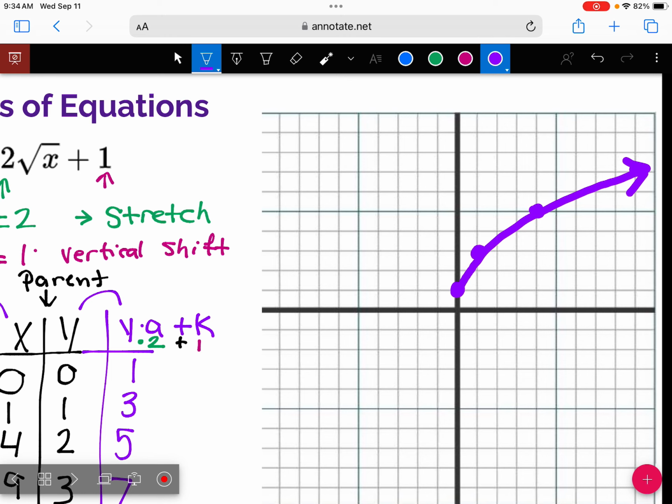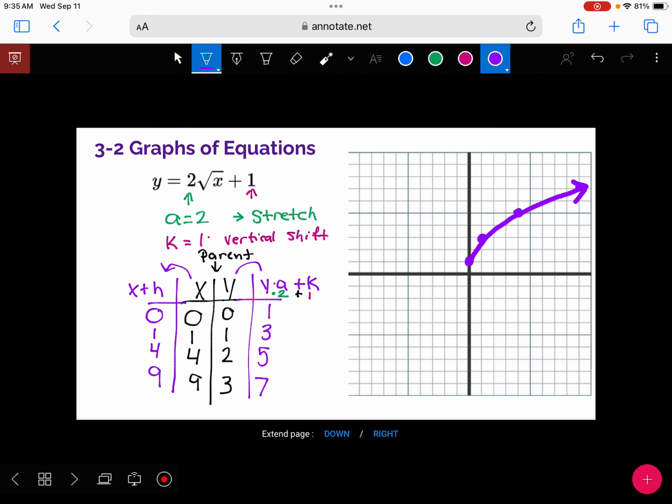So we do not put an arrow on the left-hand side of our square roots. But if we look at this compared to our parent function that we drew, it is definitely stretched. It is taller. And that end point has shifted up 1. The end point is an easy place to locate that. Okay. Questions on that one?